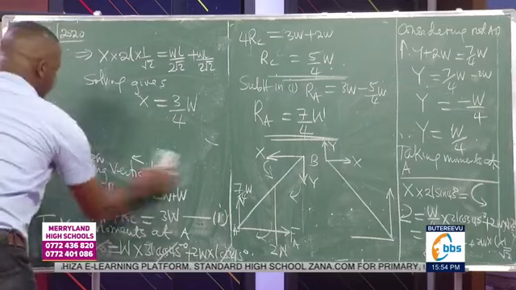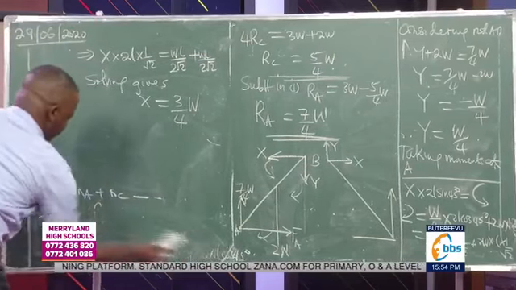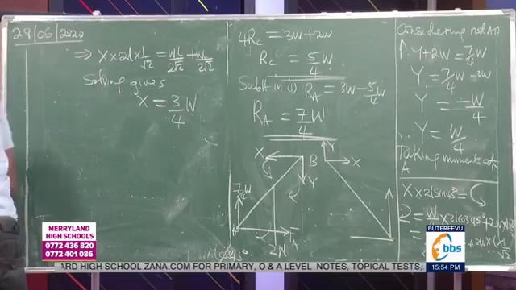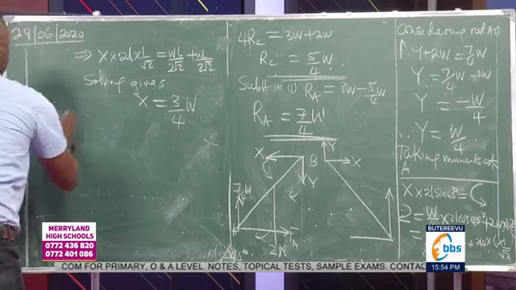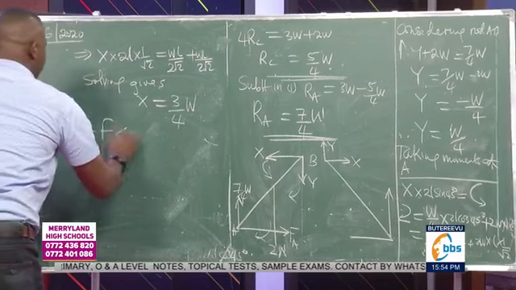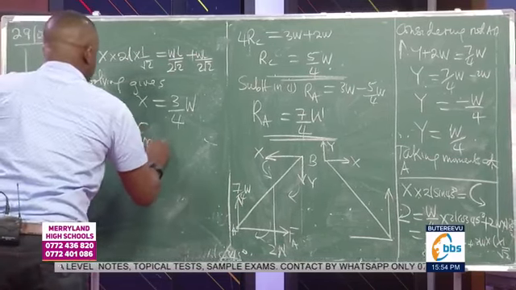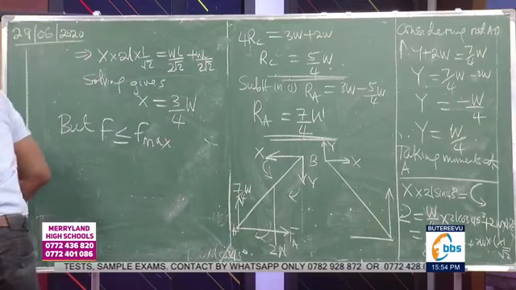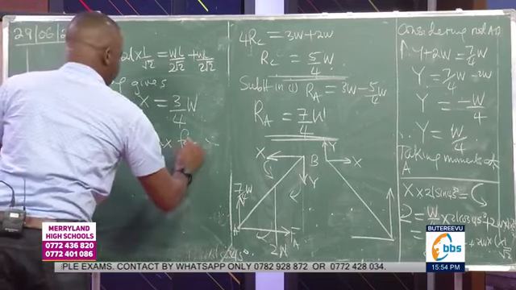So to complete that, because they want you to show that mu is less than, we have a condition that f is less or equal to f max, which is actually equivalent to the value for no slipping.